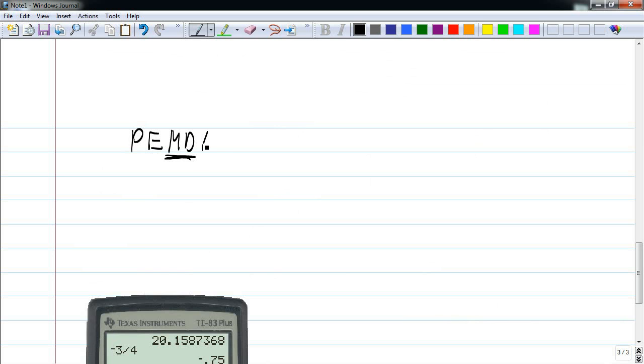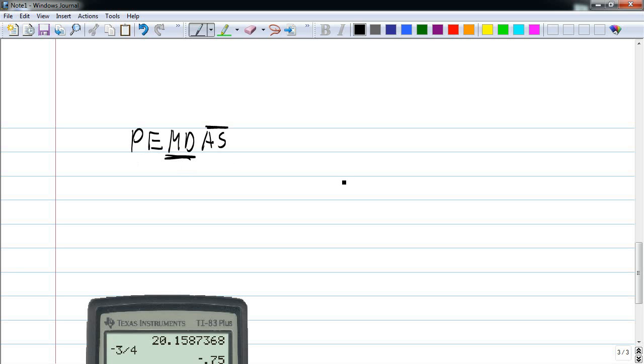And then you add and subtract at the same time, left to right. So parentheses, exponents, multiply, divide, add, subtract. You may remember this with the helpful mnemonic PEMDAS.